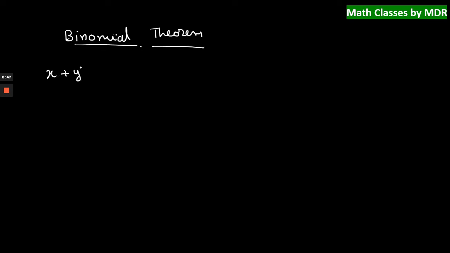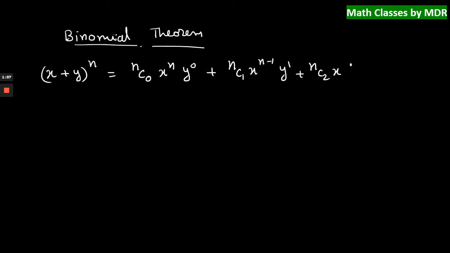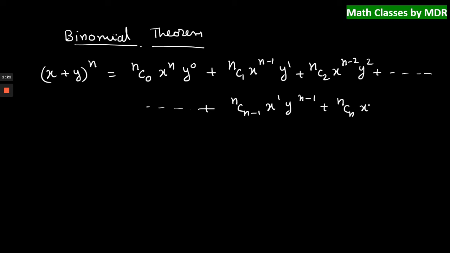(x plus y) whole to the power n is equal to nC0 x to the power n y to the power 0, plus nC1 x to the power n minus 1 y to the power 1, plus nC2 x to the power n minus 2 y square, and so on, up to nC(n-1) x to the power 1 y to the power n minus 1, plus nCn x to the power 0 y to the power n.